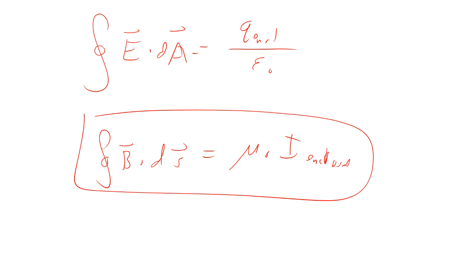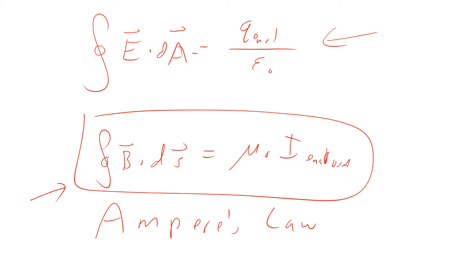That is really the statement of Ampere's law, that this integral B dot ds is simply equal to mu naught times the enclosed current in our little loop. That turns out to be very useful for figuring out magnetic fields in several applications, just like Gauss's law was very useful before.